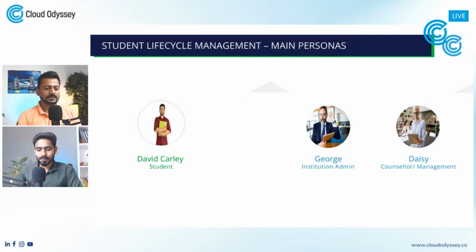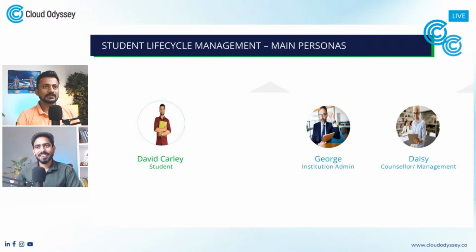Okay. In this particular slide, you're able to see three personas: one is David, one is George, one is Daisy. We are talking about a person who is a student, in this case David, and how David will traverse his journey from being an applicant till he becomes an alumni.